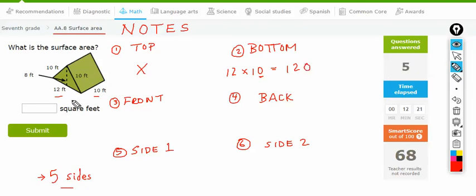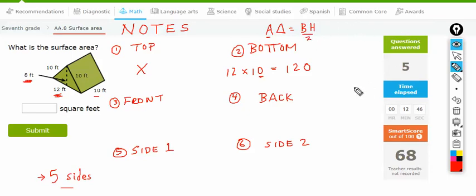Alright, the front here is base times the height, and then divide that by 2. Okay, that's a triangle, so the area of a triangle equals base times height divided by 2.